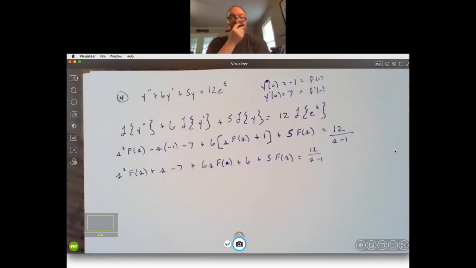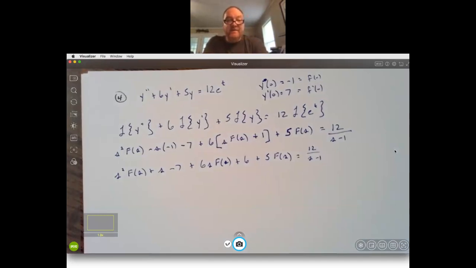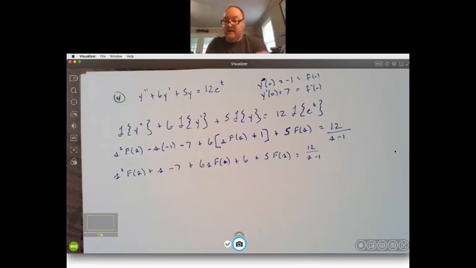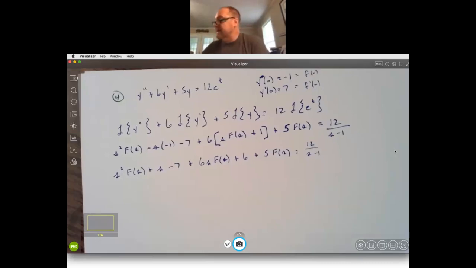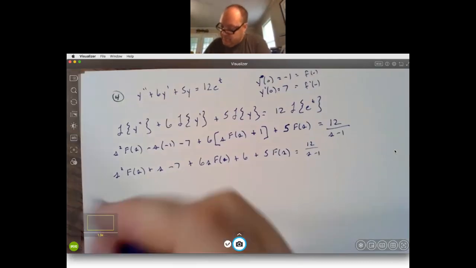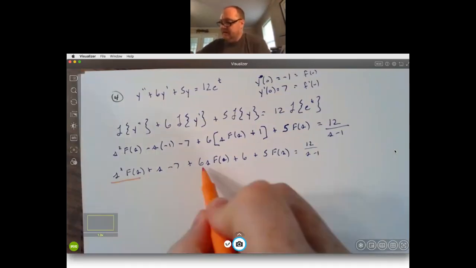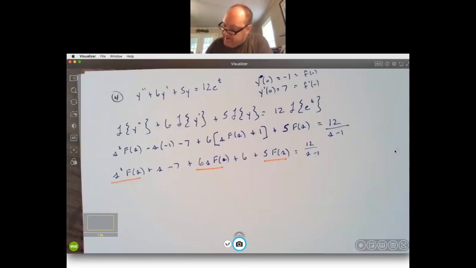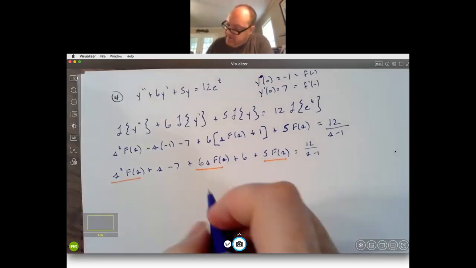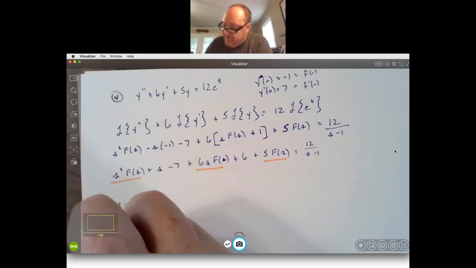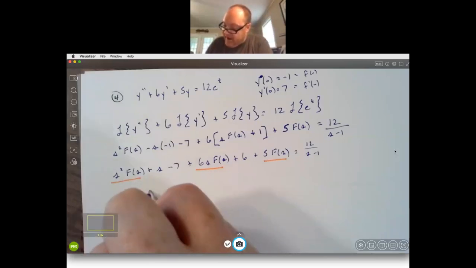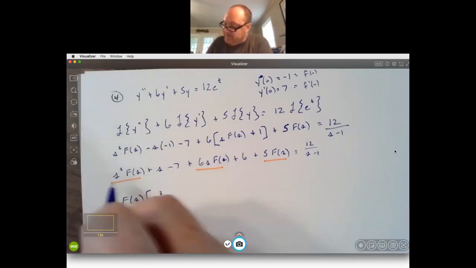All right, so one more time, I need to gather up everything with the F of s term and keep it on the left-hand side. Everything else is going to go to the other side. I wonder if I want to combine it now or later. I guess later. So I have big F of s times, when I factor it out, s squared plus 6s plus 5.